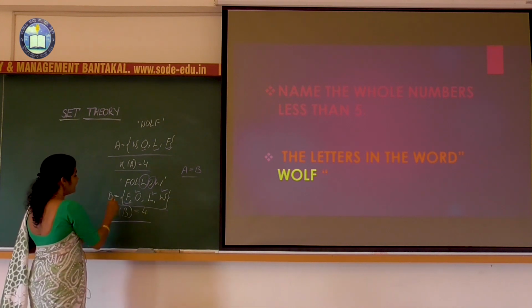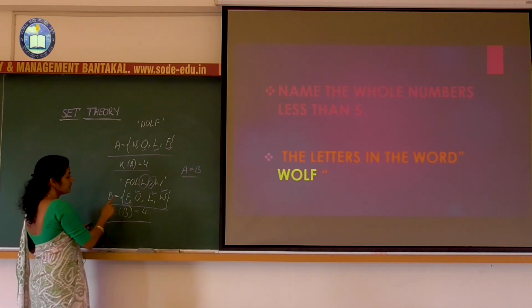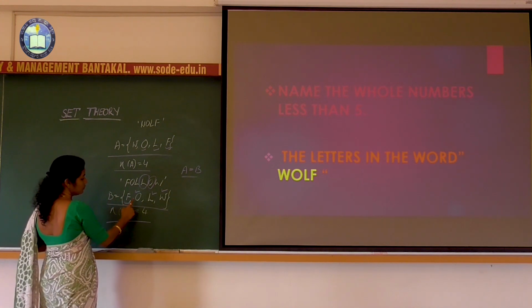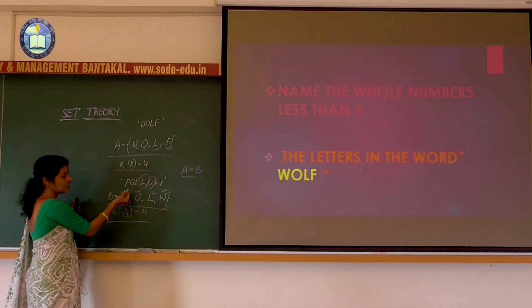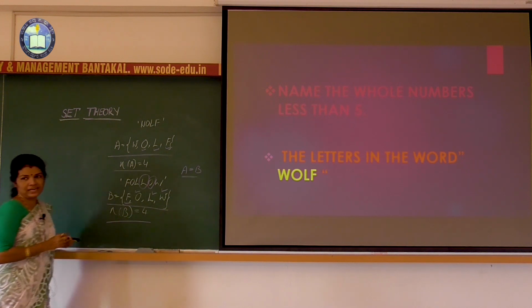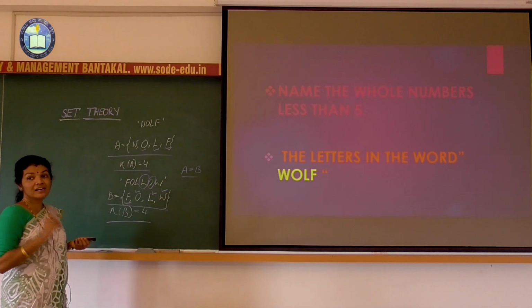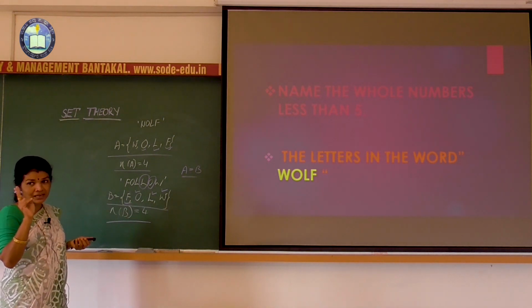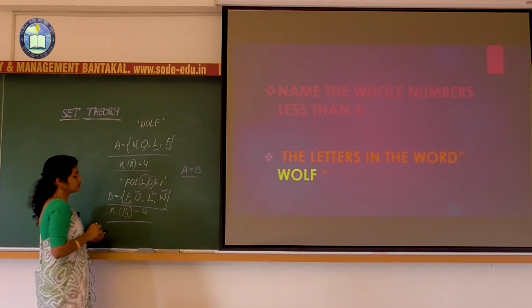Now, why did I consider these two examples? See here, set B has F, O, L, W, but the actual word has L repeated 2 times and O repeated 2 times. So we can conclude that while writing the elements of a set, repetition should not be allowed.